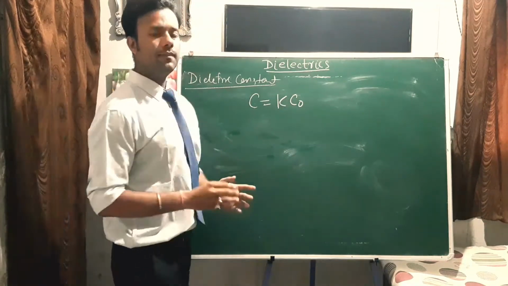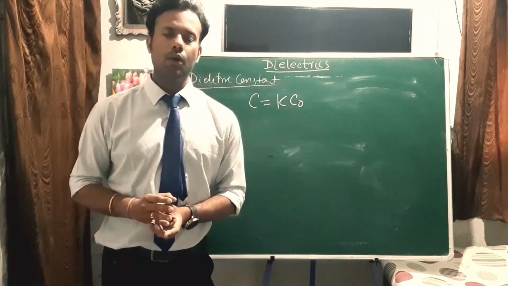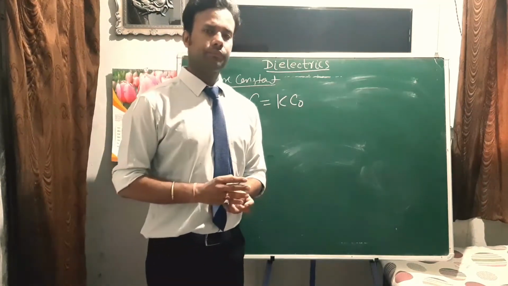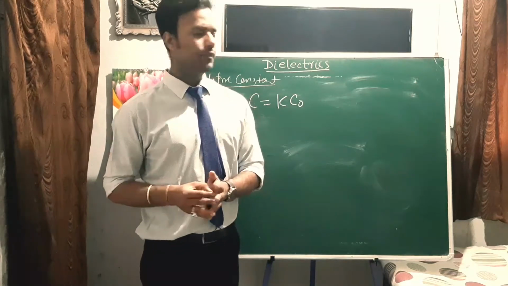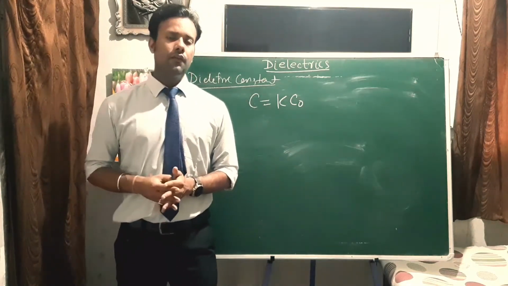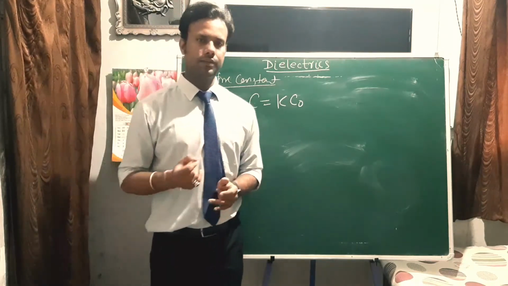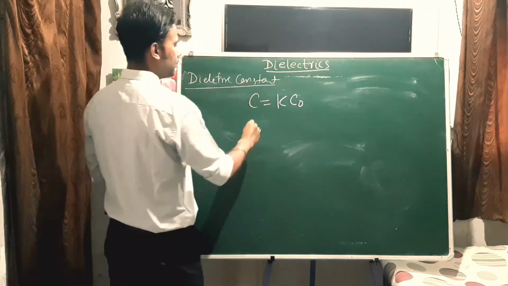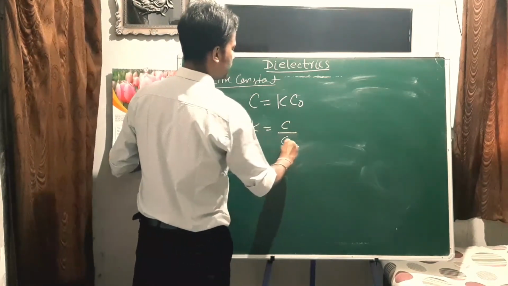What is C naught here? C naught is the capacitance of the capacitor when between the plates we have a vacuum or air. And C is the capacitance of the capacitor when the plates are filled by some dielectric material, right? So from here, K can be written as C upon C naught.